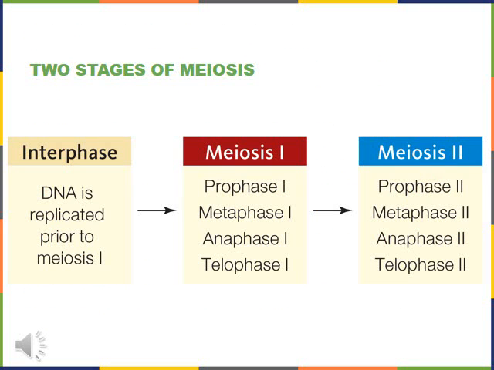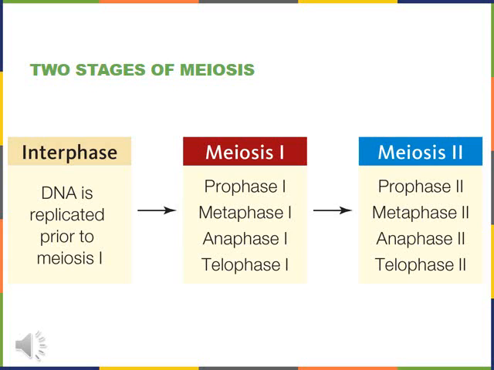Here's a quick outline of what meiosis is. So we still have interphase, where remember the DNA is replicated in the S phase right before meiosis. So instead of going from interphase to mitosis, now we're going from interphase to meiosis 1. Meiosis 1 is identical to mitosis.